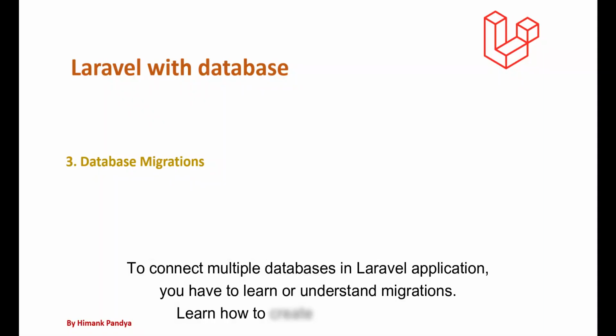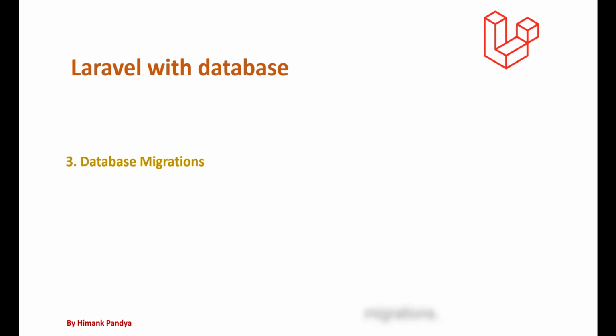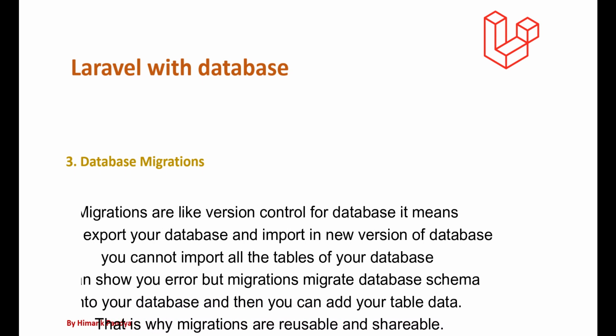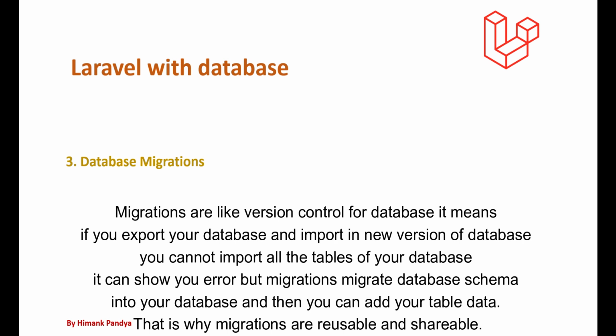To connect multiple databases in Laravel application, you have to learn migrations: how to create migrations, how to edit migrations. Migrations are like version control for database. It means if you export your database and import a new version of database, you cannot import all the tables of your database.